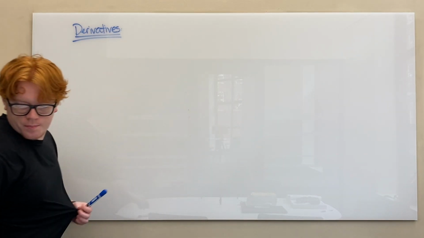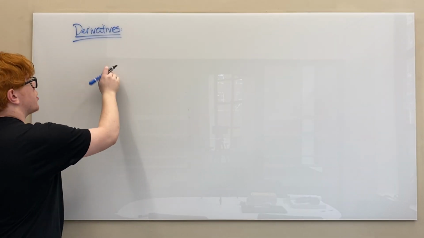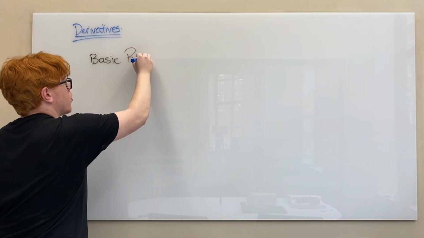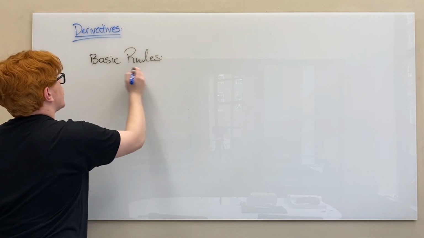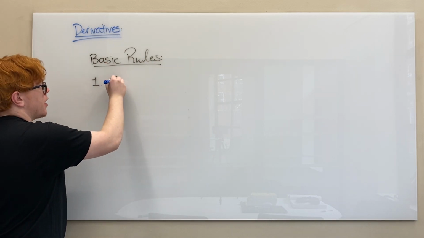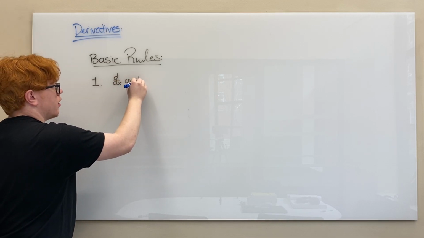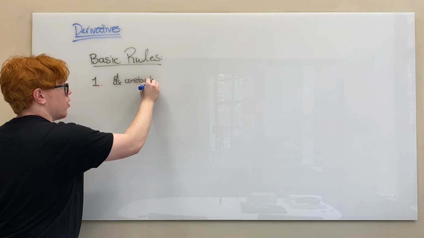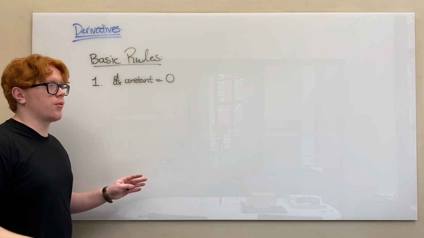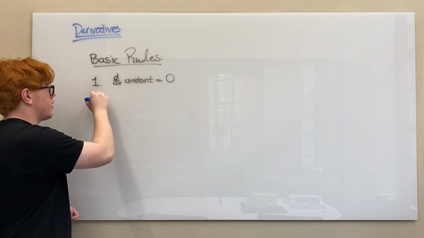All right. So we're going to go over some basic rules. Firstly, if you take the derivative of a constant, that's going to be equal to 0. That's just a general rule. If you take the derivative of a constant, it's 0, and that's that.